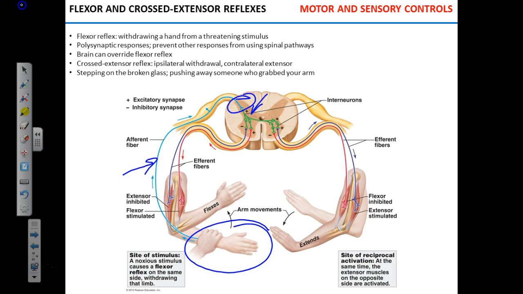This red neuron right here represents the activation. Now, if you flex your arm, what do you need to do with extensors? Relax them. This violet line represents the reciprocal inhibition of extensors.